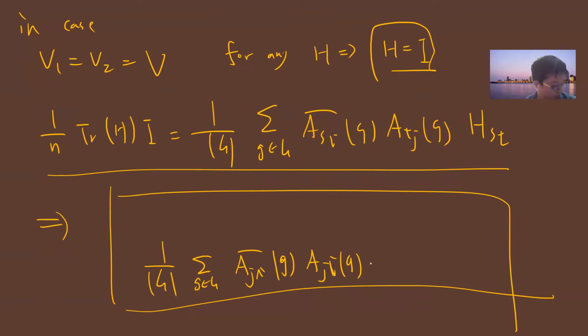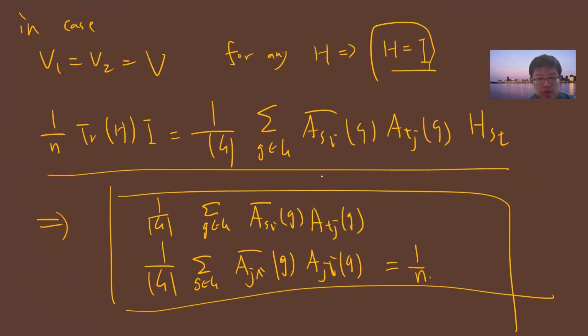So you can change your notation, it becomes 1 over N, okay? And then 1 over G, sum over G belongs to G, A_SI bar(G) A_TJ(G) is 0 if S is not the same as T, or I is not the same as J.